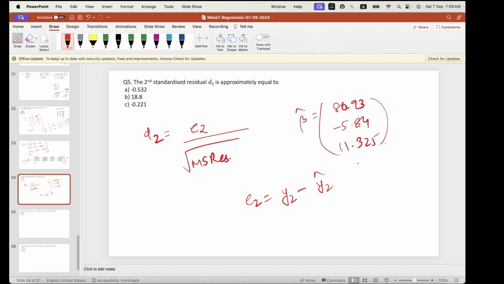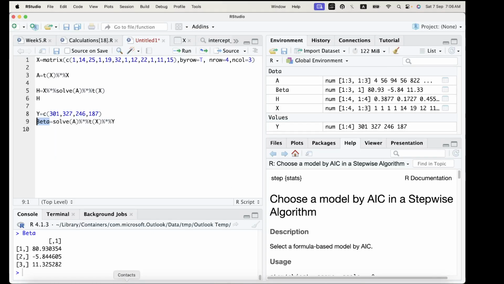So that will be what? So y hat is actually x into beta hat. So then y hat will be x into beta.